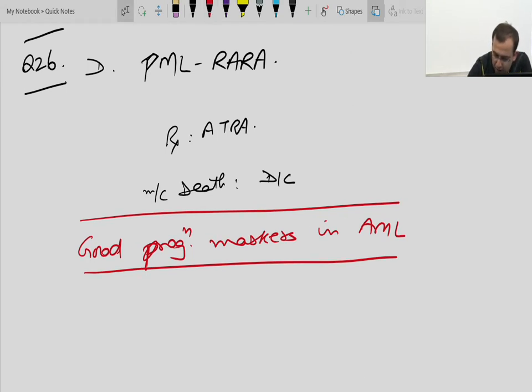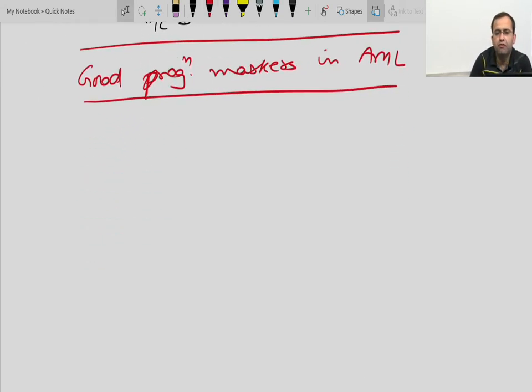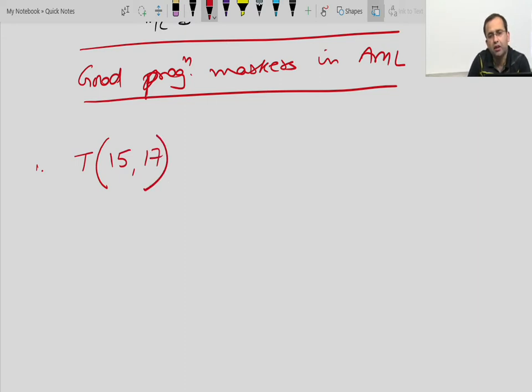There are three main good prognostic markers. The first you already know is translocation 15-17, fusion transcript PML RARA, seen in M3.